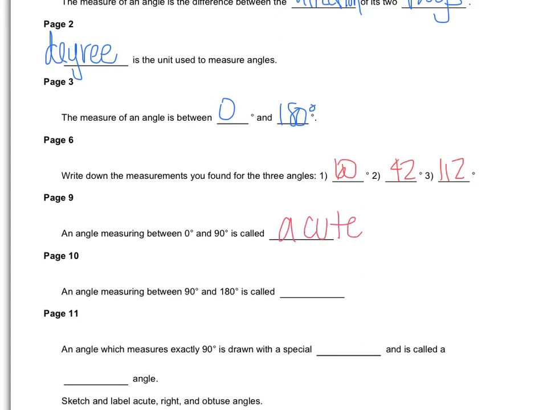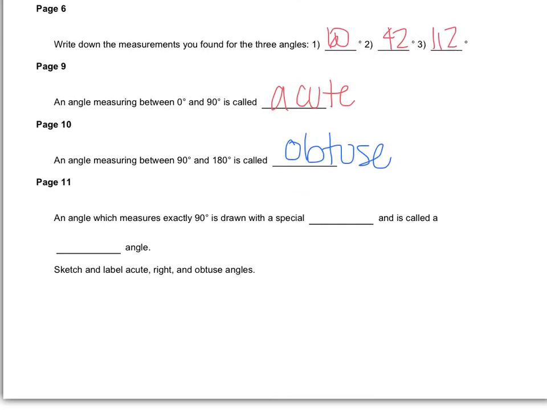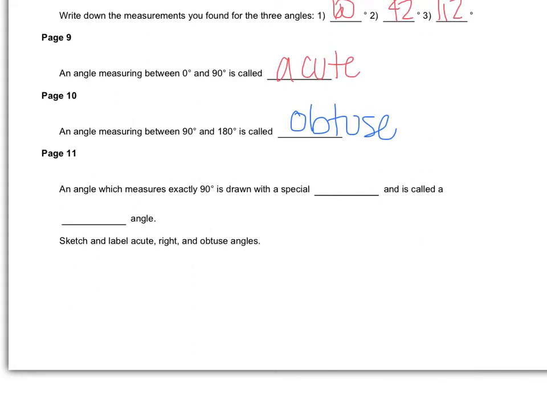If you have an angle that measures between 90 and 180, it is called an obtuse angle. And the last type of angle, an angle which measures exactly 90 degrees, is drawn with a special symbol and is called a right angle.